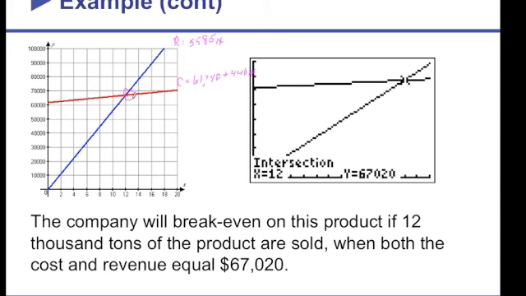It gives both an x and a y value. We have found that on the calculator. Again, this is the cost equation, and this is the revenue equation. So where they are equal, we'll find out that if 12,000 tons of the product are sold, then the revenue and cost would both equal $67,020. So that's solving a system graphically.